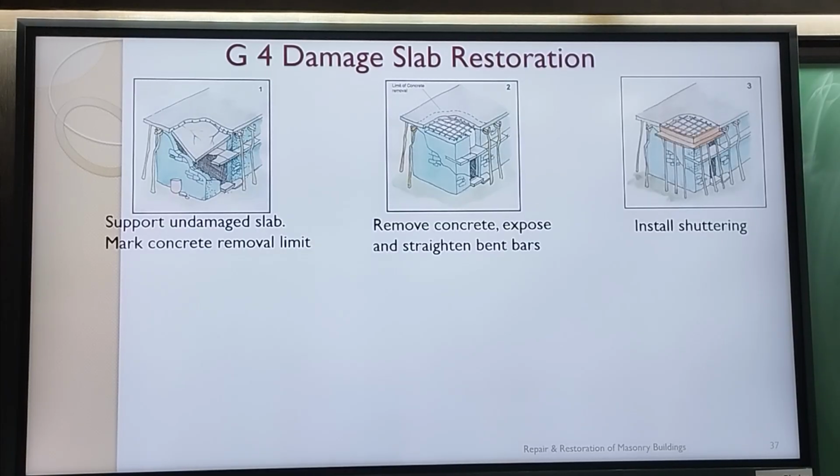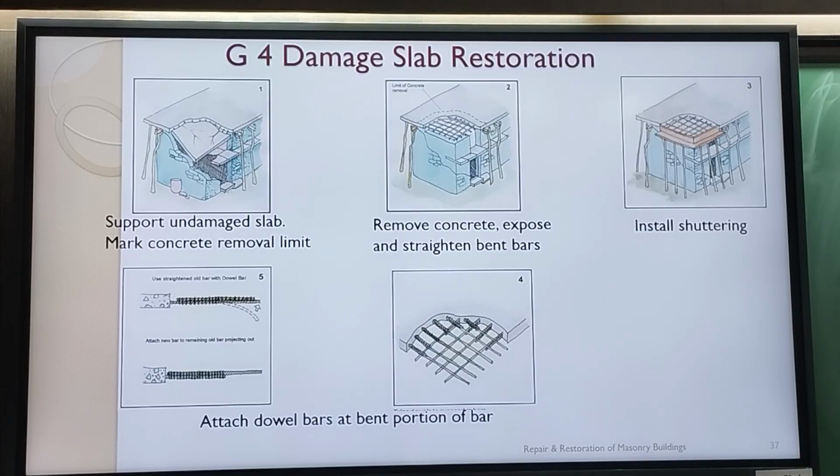Then you put shuttering underneath. You have removed that additional concrete. Okay. Then you put dowels. Alright. So basically the bars were damaged here along this line. Now we have gone beyond that, which is equivalent to the development length for this bar.